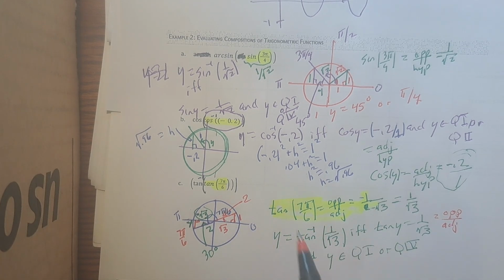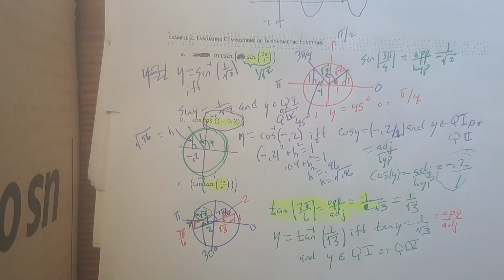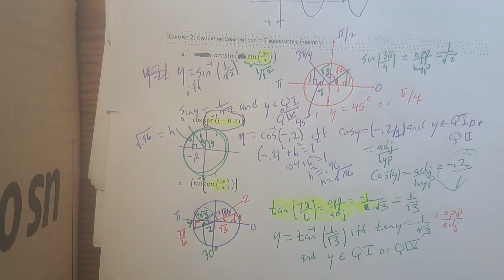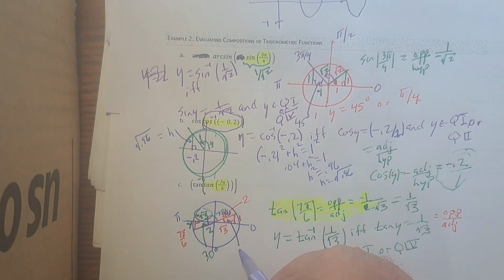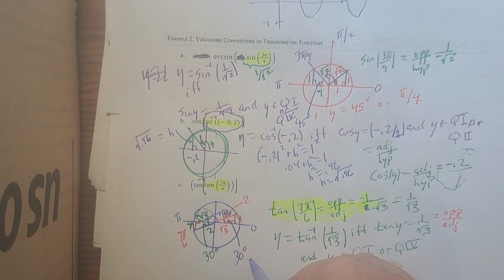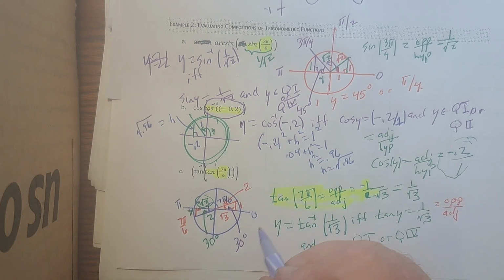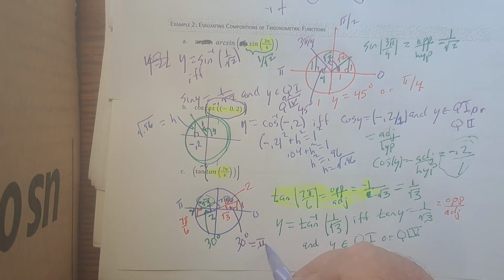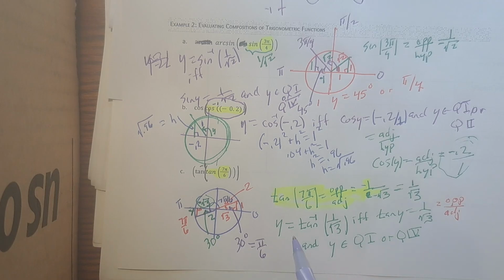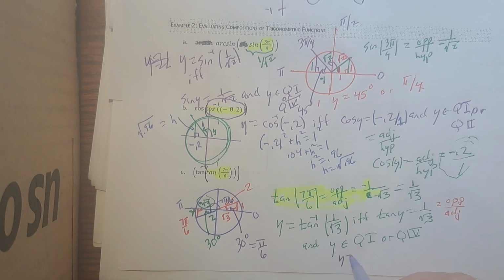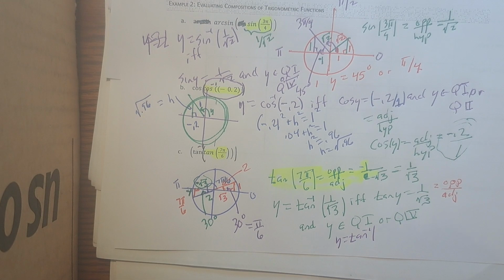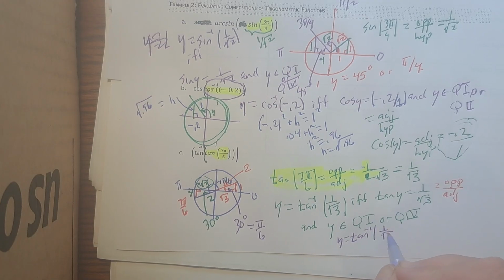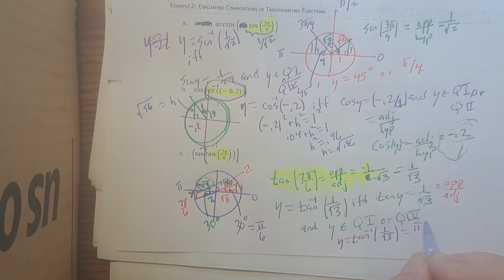So the angle in here is 30 degrees, which is the same as pi over 6. So the answer to the question is the y, which is the inverse tangent of 1 over the square root of 3, is pi over 6.